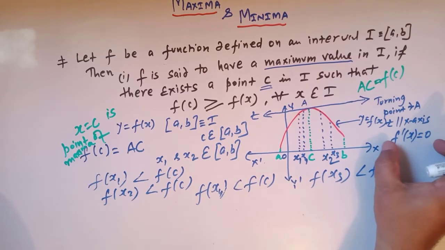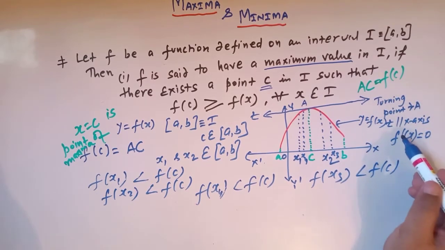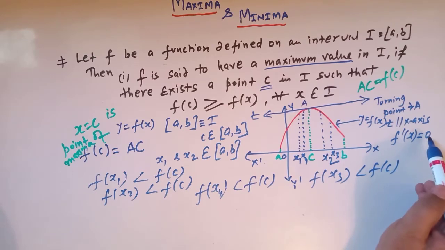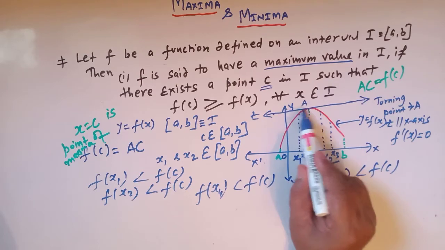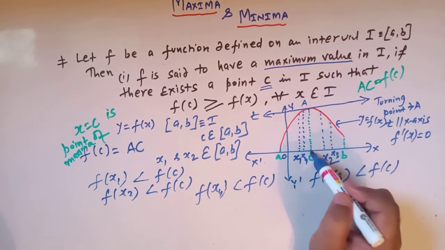This is to be remembered. So maxima and minima occur whenever the derivative is equal to 0.